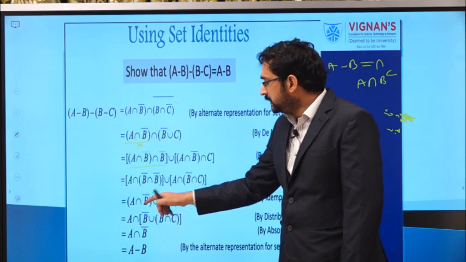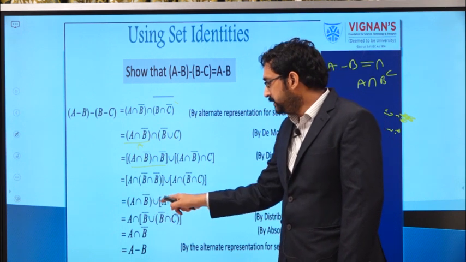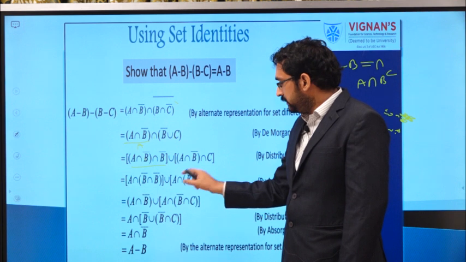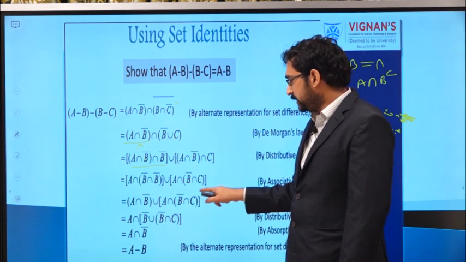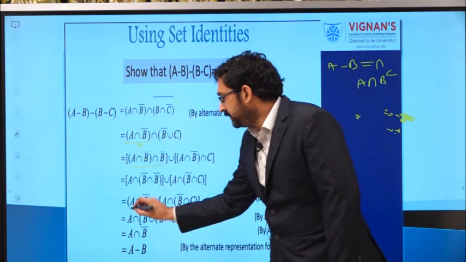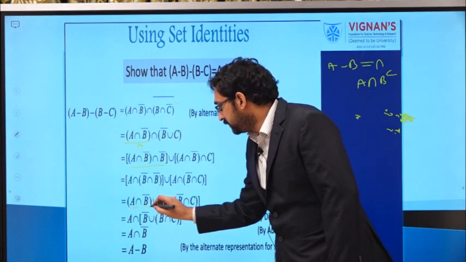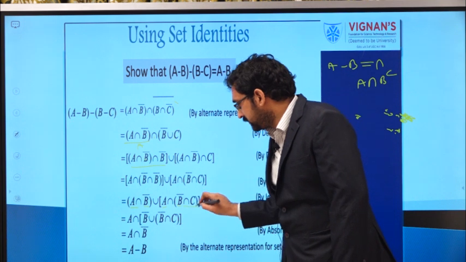So it can be written as A intersection B complement union, keeping it as it is, A intersection B complement intersection C. If you observe this, it is like A intersection B union A intersection C.